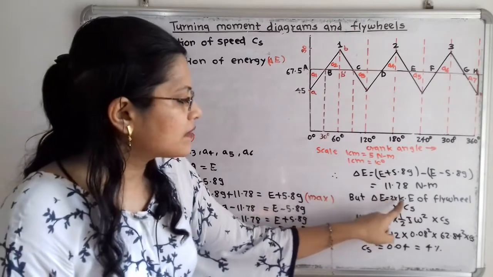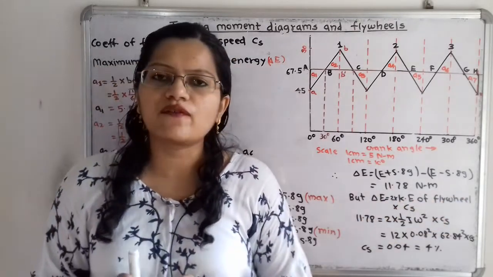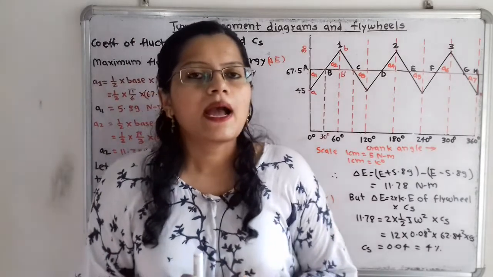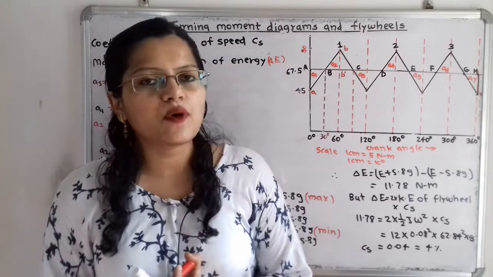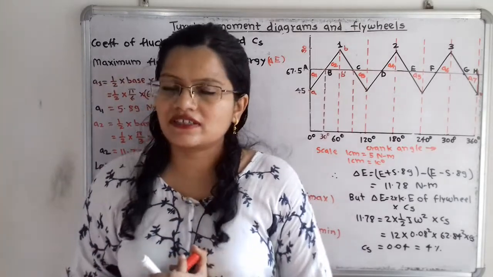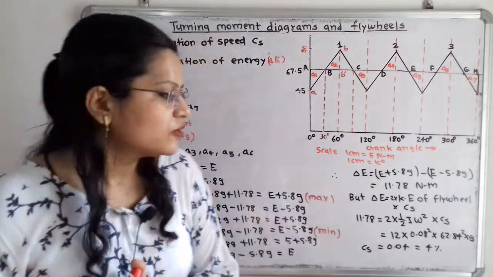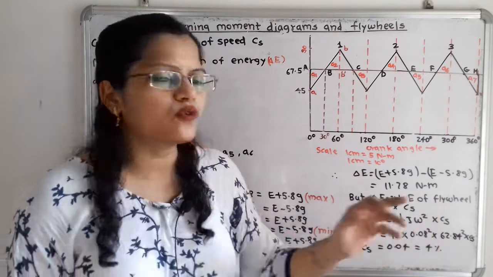So what is the kinetic energy of flywheel? We know that kinetic energy of flywheel is equal to half I omega square. So I is nothing but mass moment of inertia, and omega, that we have calculated, that is 2 pi N by 60.